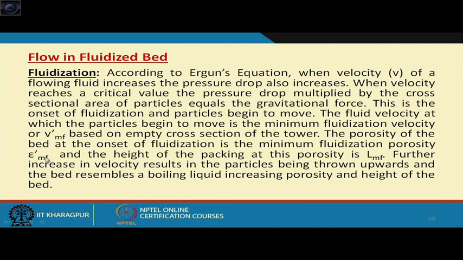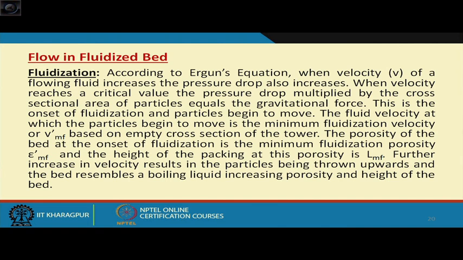Epsilon mf prime, because we have denoted that when there was no fluidization, the porosity is epsilon, the corresponding pressure drop is delta P, the corresponding bed height is say L or H, whatever you call, say L, and the velocity is V prime based on the empty cross section.